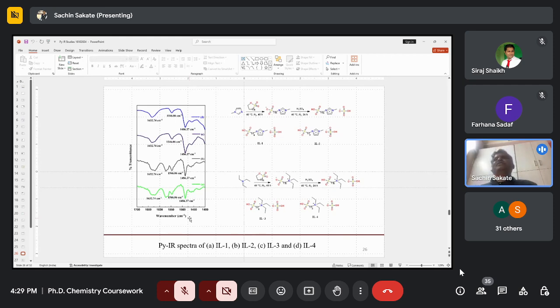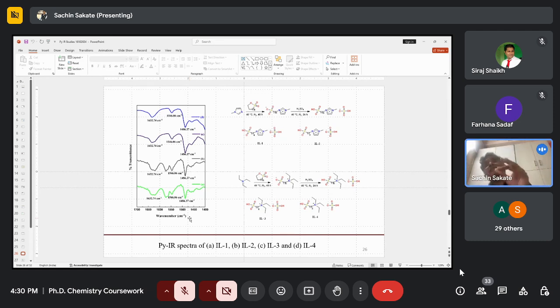We have prepared 4 different ionic liquids, and you can see carefully the Brønsted acidity, because these are sulfonic acids. They show the Brønsted acidity very nicely at 1546 cm⁻¹. IL1, IL2, IL3 and IL4 all show very good Brønsted acidity at 1546.